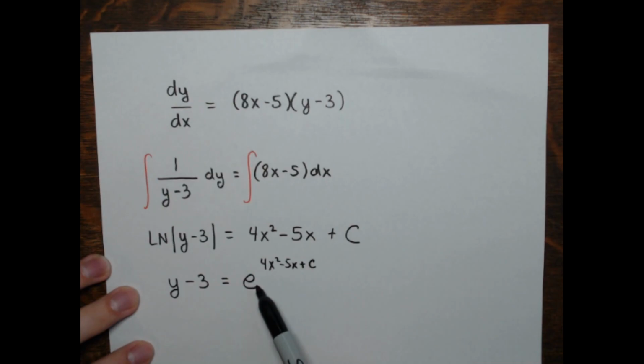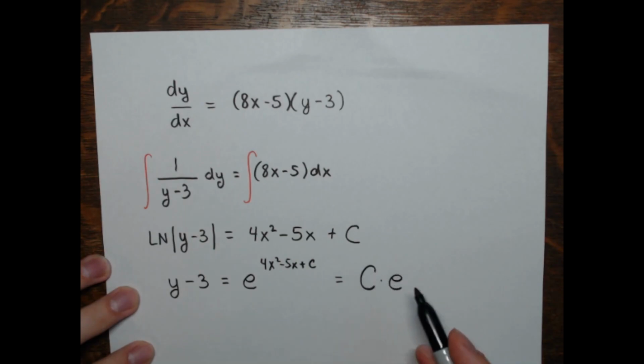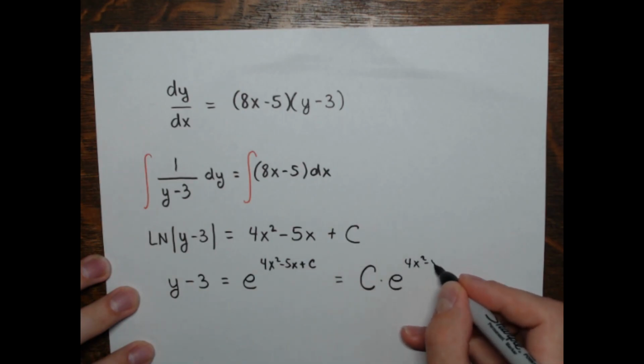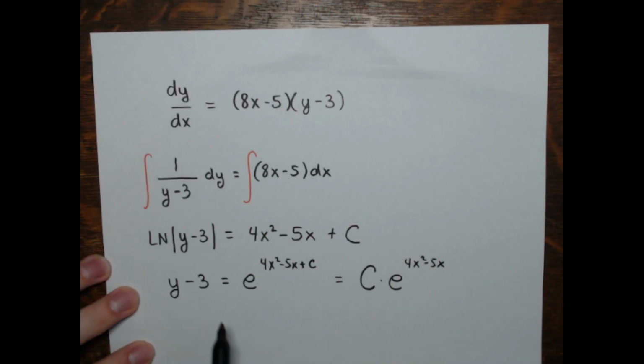Remember from earlier examples, e to the c power is another constant, so I'll just call that c as well. So we'd have a constant times e to the 4x squared minus 5x power. And then I'm just going to add 3, to get y alone and have the explicit form of the solution set.